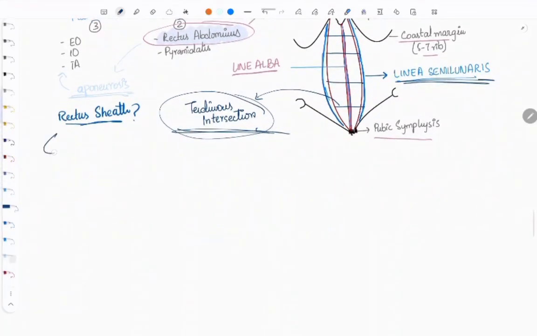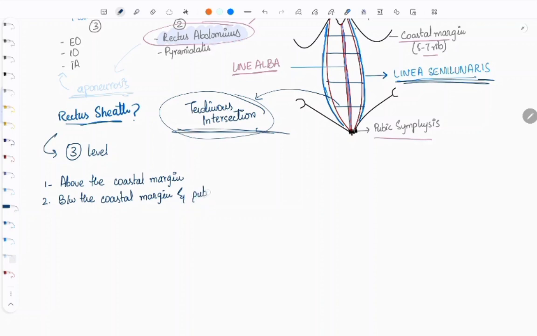The rectus sheath is considered at three levels. Level 1, above the costal margin. Second, between the costal margin and pubic symphysis.